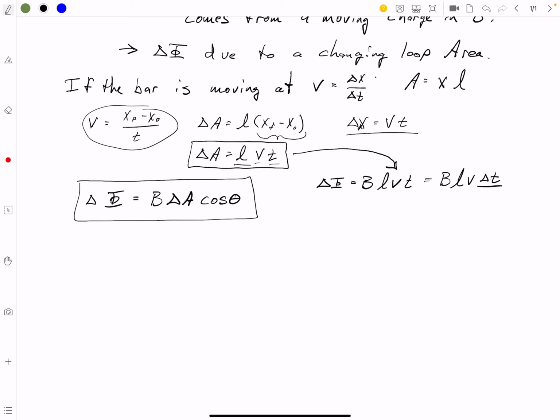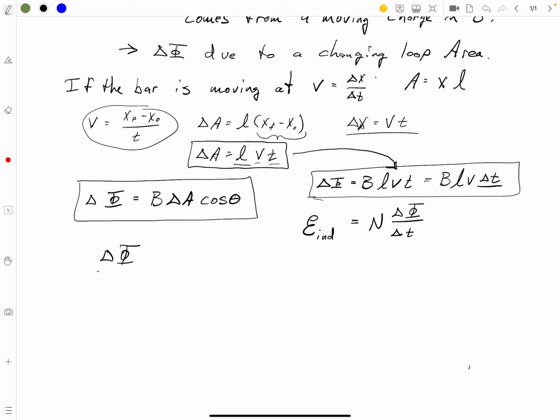Because if we remember that our EMF induced equals our N times delta phi over delta t, well, if we take this equation and pull out the time, then that's just equal to our magnetic field times the length of the bar times the velocity of the bar.